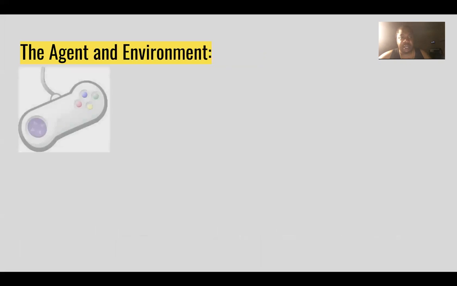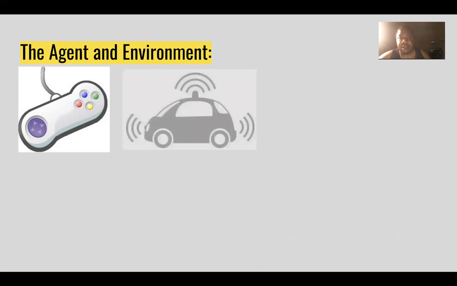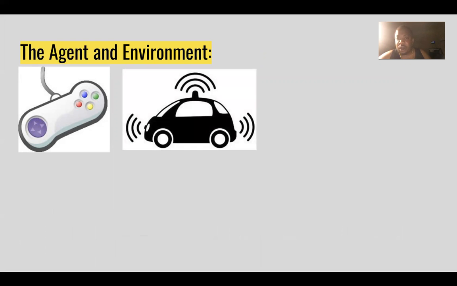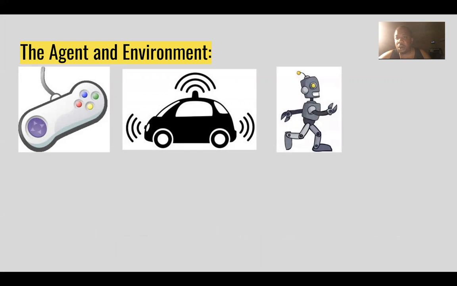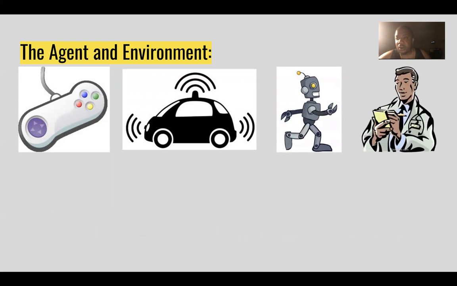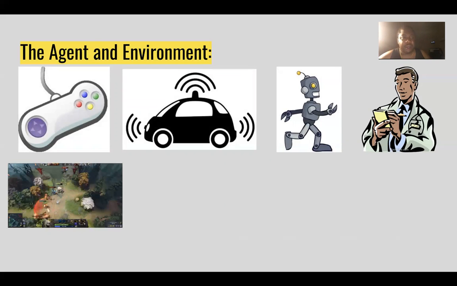So what is an agent? An agent can be a computer program that plays a game. It might be a self-driving car. It could be a walking robot, or it could even be a financial trading algorithm. The environments would just be what they interact with. A game-playing agent would interact with a game.